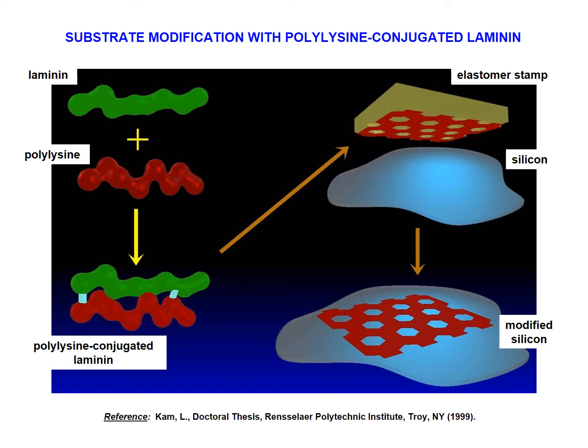The elastomer stamp was then placed carefully and maintained without disturbance on the surface which we desire to micropattern, and at the end a pattern was obtained as shown on the lower side of this particular slide.